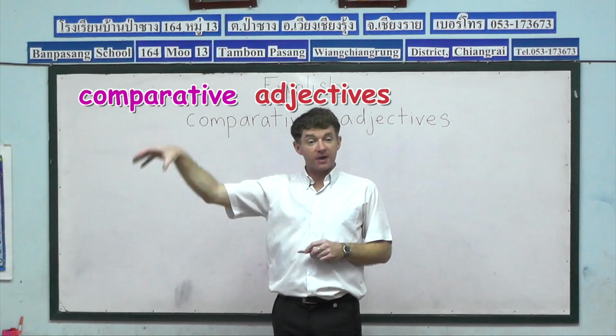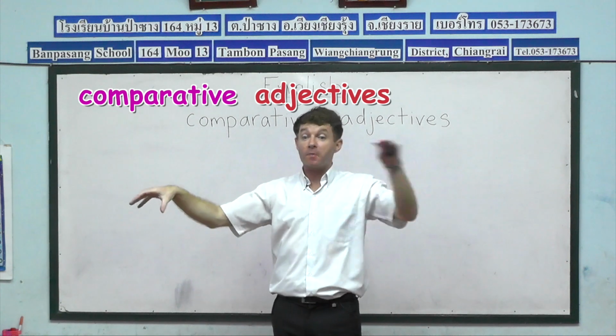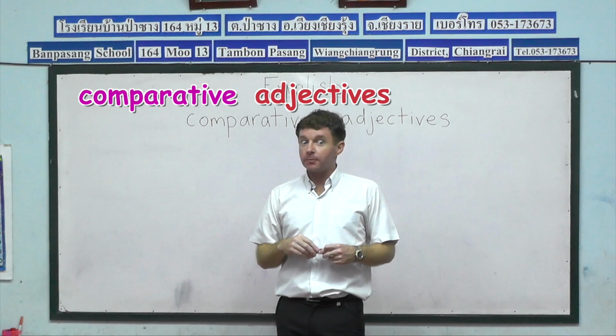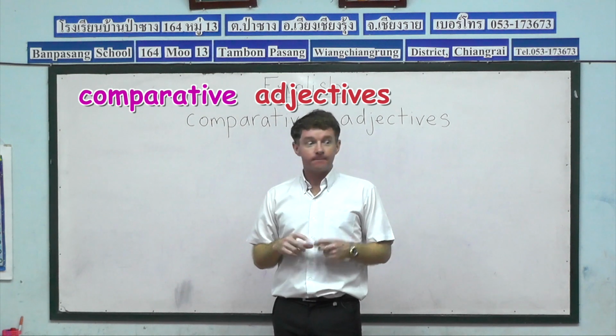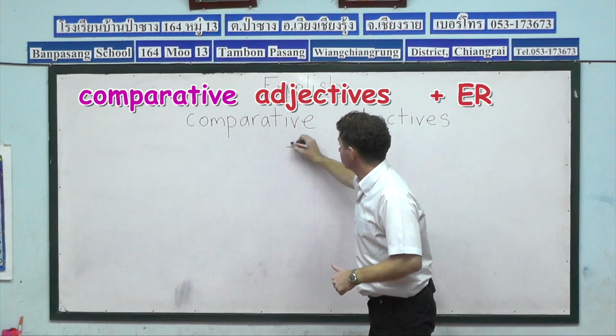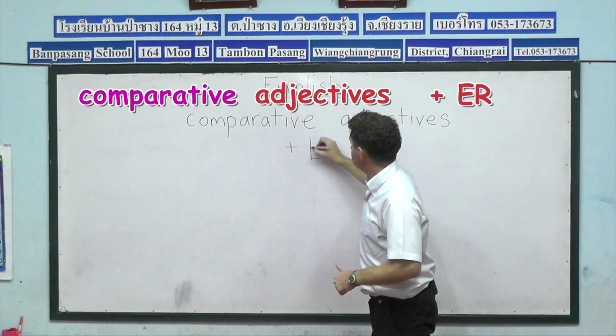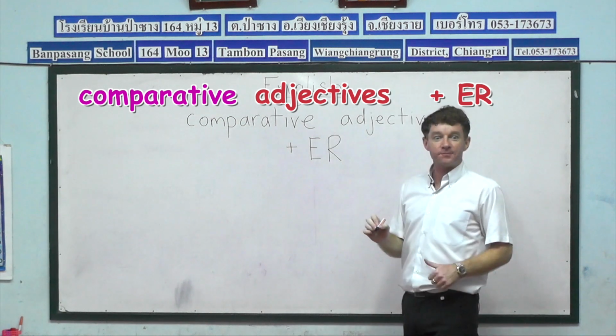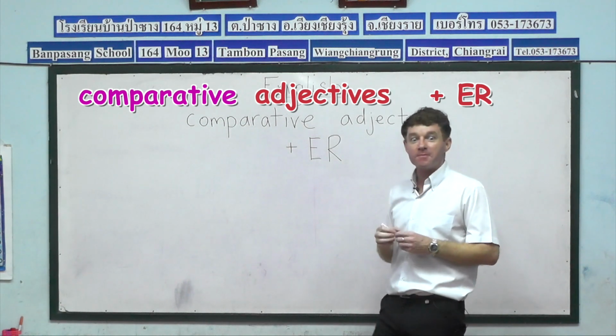Remember how to turn an adjective into a comparative form. We had to add 2 letters. Does anybody remember what the letters were? Perfect. We had to add, so we'll use the plus sign, E, R.